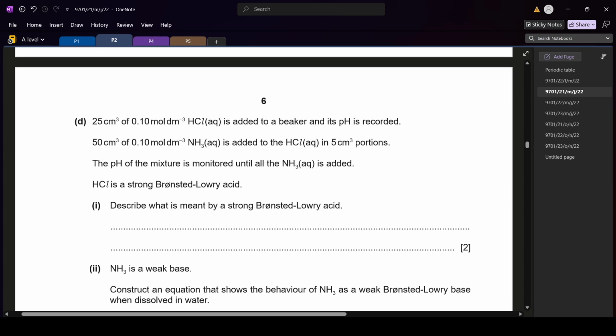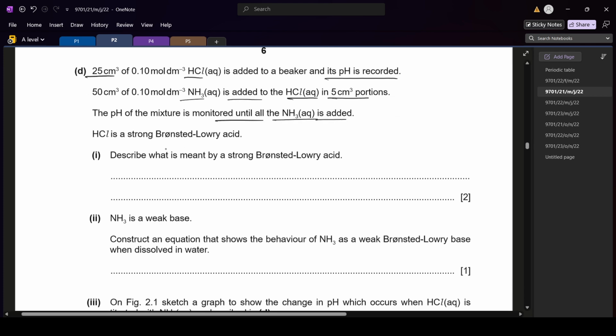Part D. 25 cm³ of 0.1 mol per dm³ of HCl is added to a beaker and its pH is recorded. 50 cm³ of 0.1 mol per dm³ of ammonia is added to the HCl in 5 cm³ portions. The pH of the mixture is monitored until all the ammonia is added.